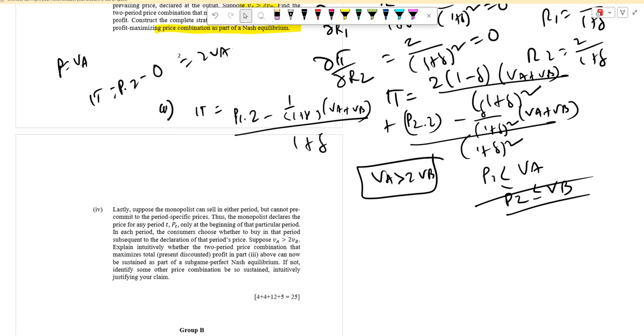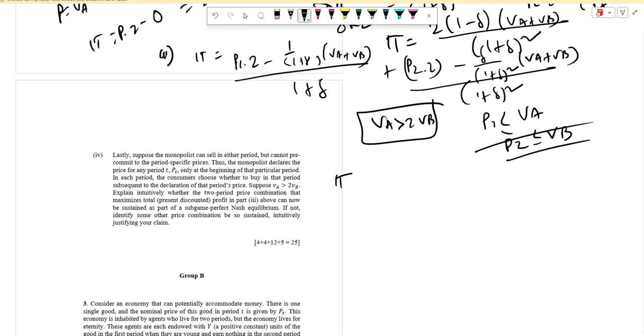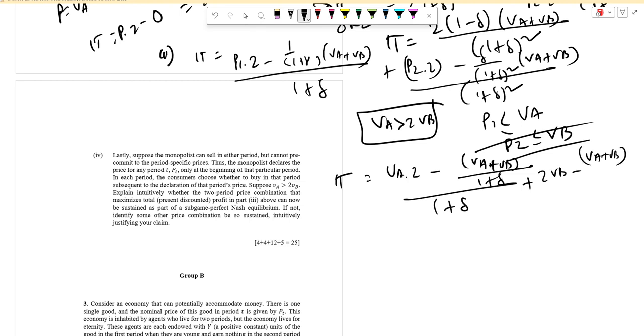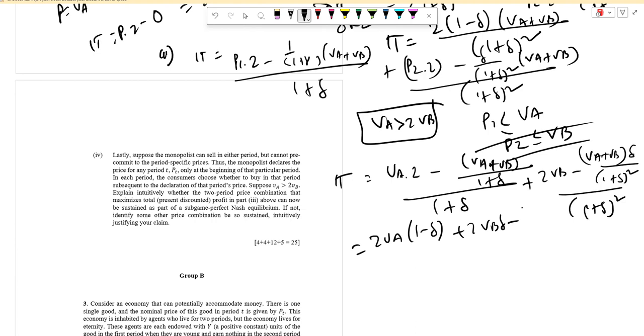Okay, so therefore the total discounted profit in this case will be pi equal to VA into 2 plus sigma plus VB square. Okay.